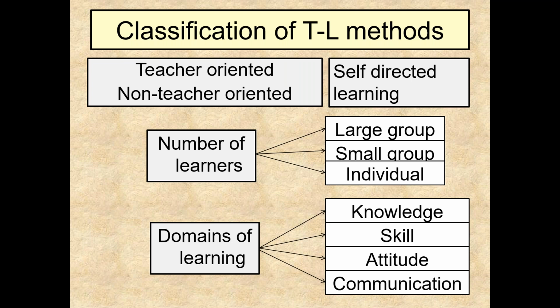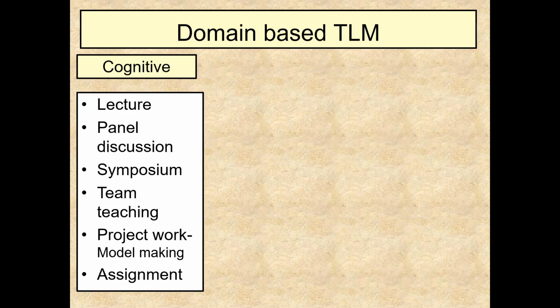So there are so many teaching learning methods we can classify here. For us, I would say the most important is the classification under the domain based teaching learning methods, even though we have to consider the other classifications too.